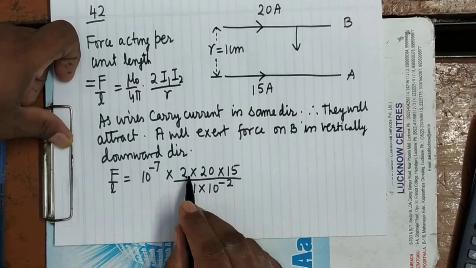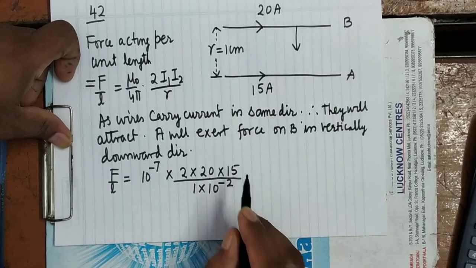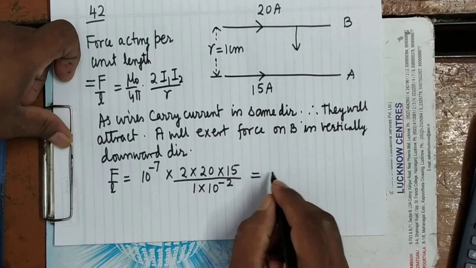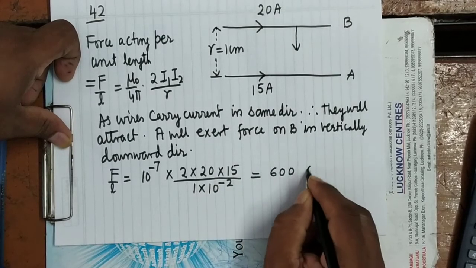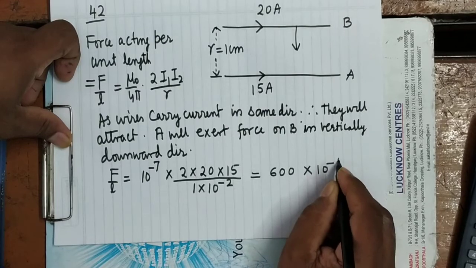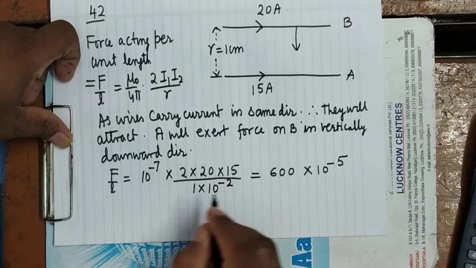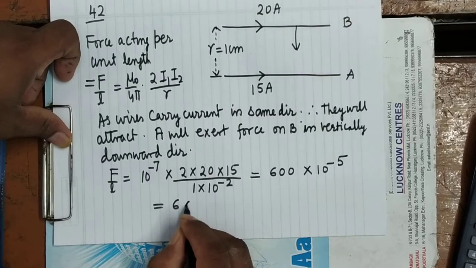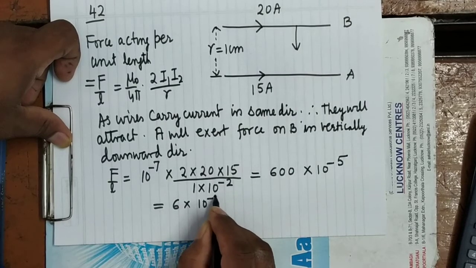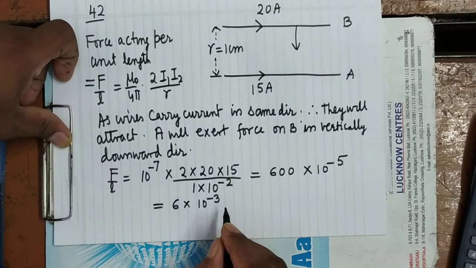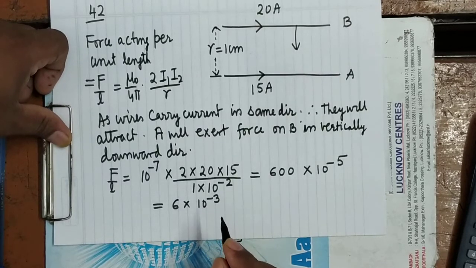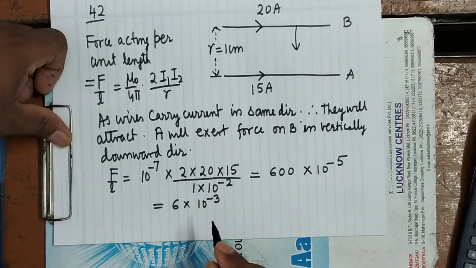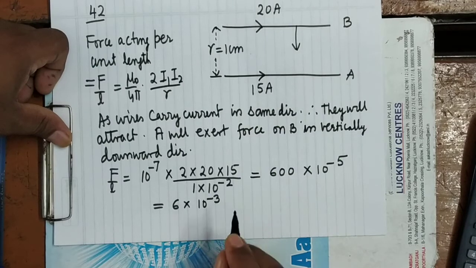When you simplify, 2 times 20 is 40, and 40 into 15 is 600, into 10 to the power minus 5, from 10 to the power minus 7 and 10 to the power minus 2. So this will be equal to 6 into 10 to the power minus 3 Newton per meter.